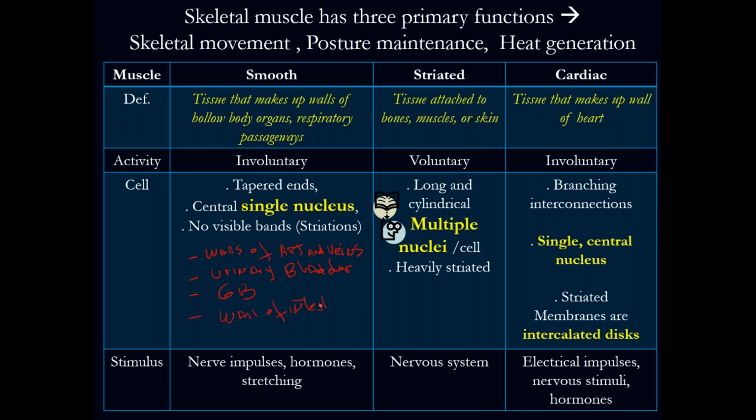If you remember, the smooth muscle is related to the involuntary muscle. So this involuntary muscle is going to be part of what we call the autonomic nervous system. Remember? The autonomic nervous system.